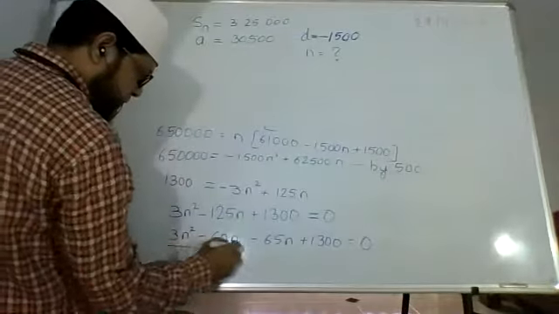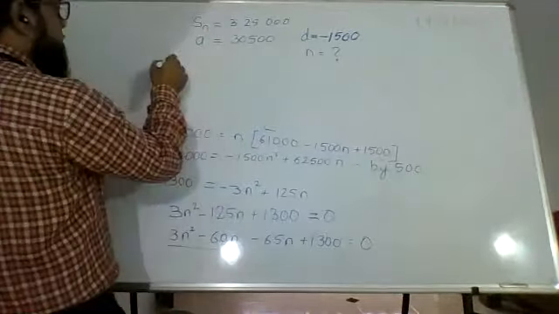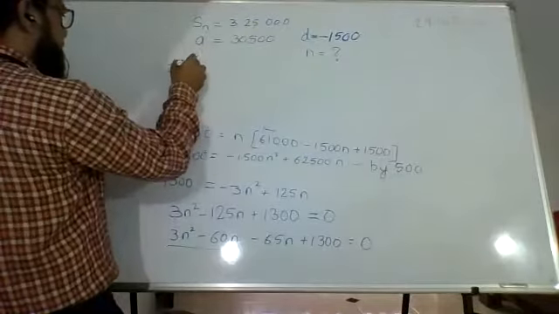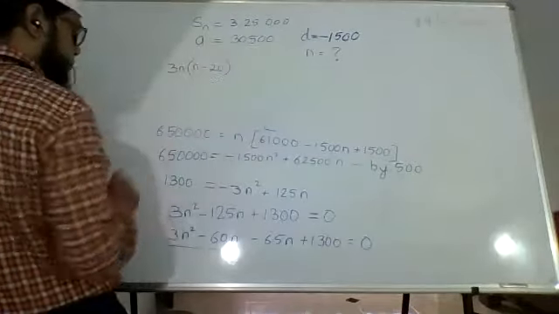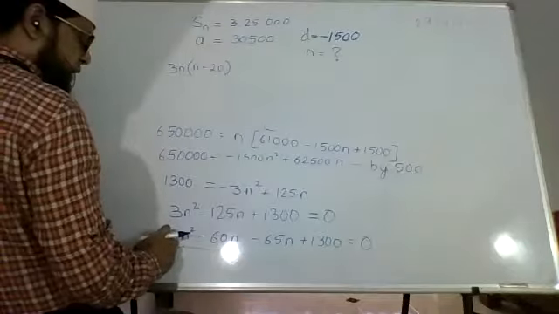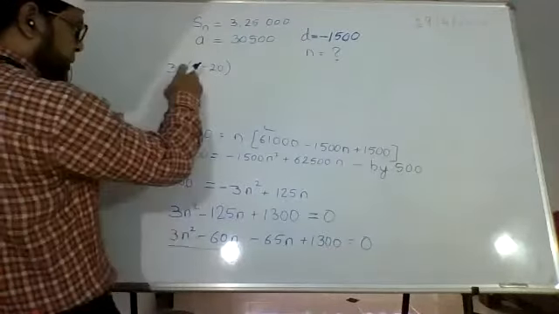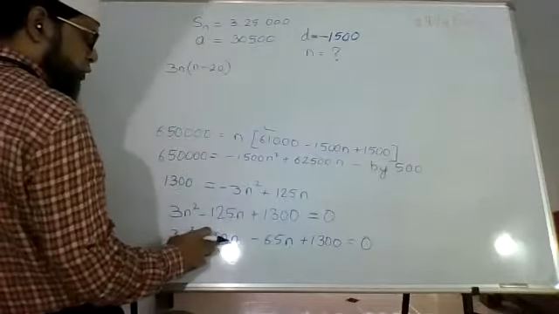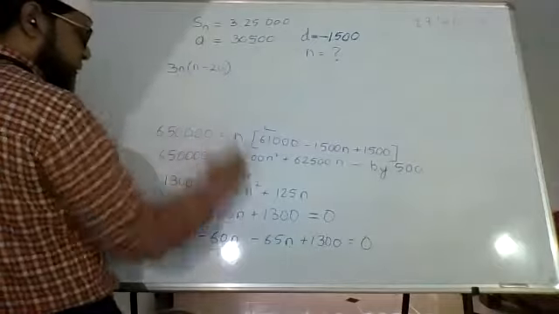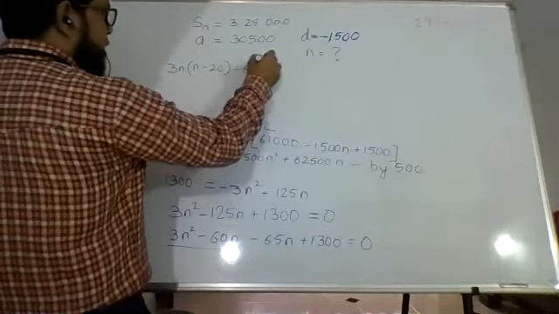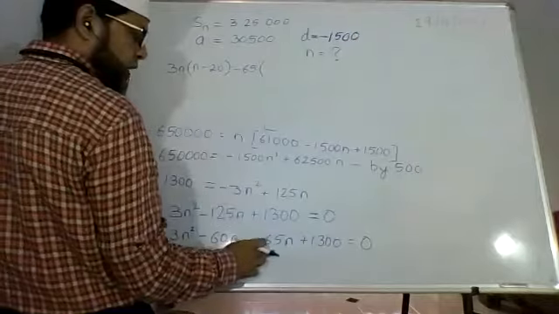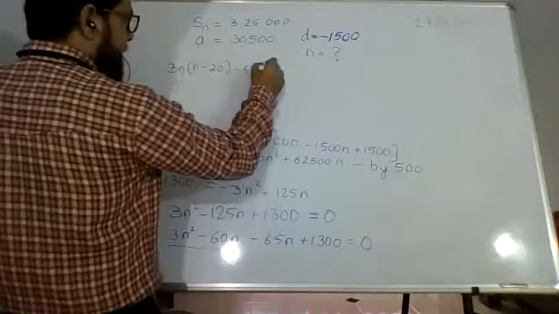From this, 3n is common. So I remove 3n into bracket. I have n minus 20. From this, 3n is common, so n remains, and dividing 60 by 3, I'll get 20. From this, minus 65 is common. I remove minus 65, I get n.